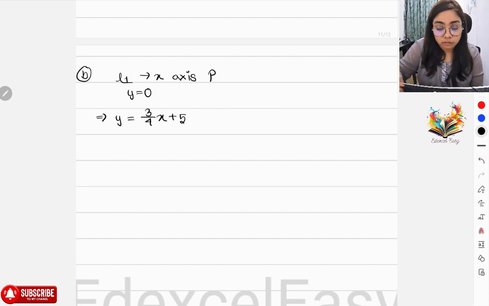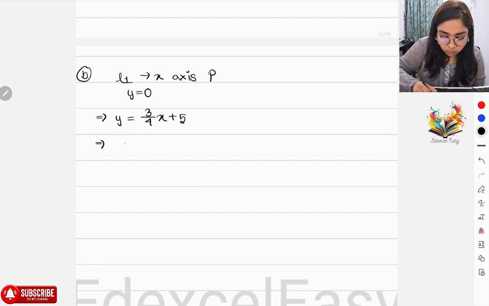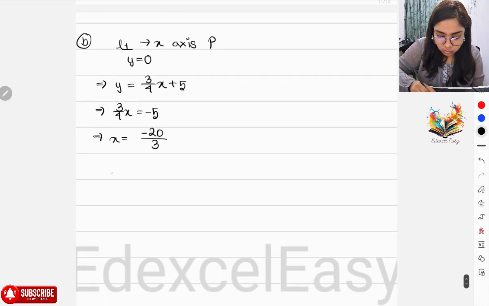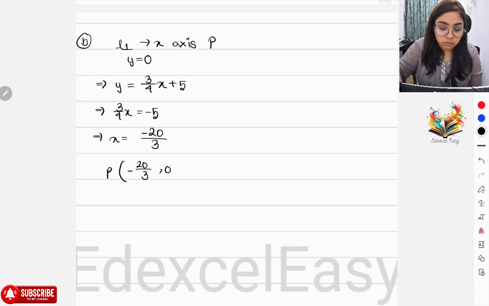This was the equation for line 1, if you remember, after it was simplified. So now it will be 3 by 4x equals minus 5 because y is 0. So this will be minus 20 by 3. That means point P has a coordinate of minus 20 by 3 and 0 because y over here is already 0.